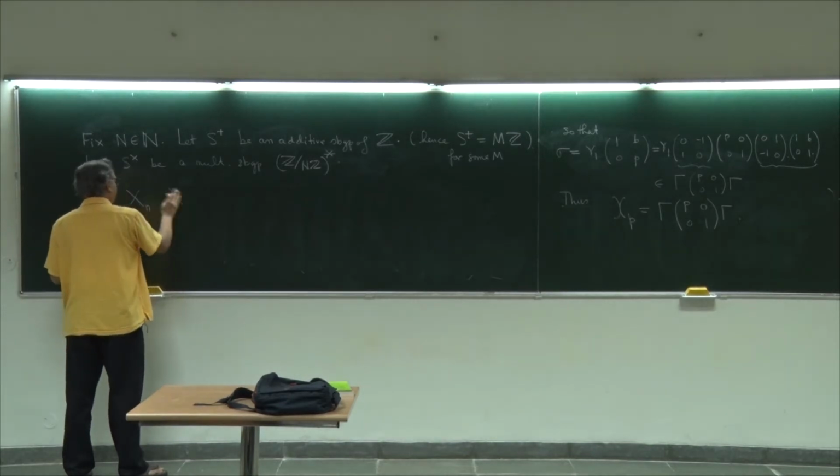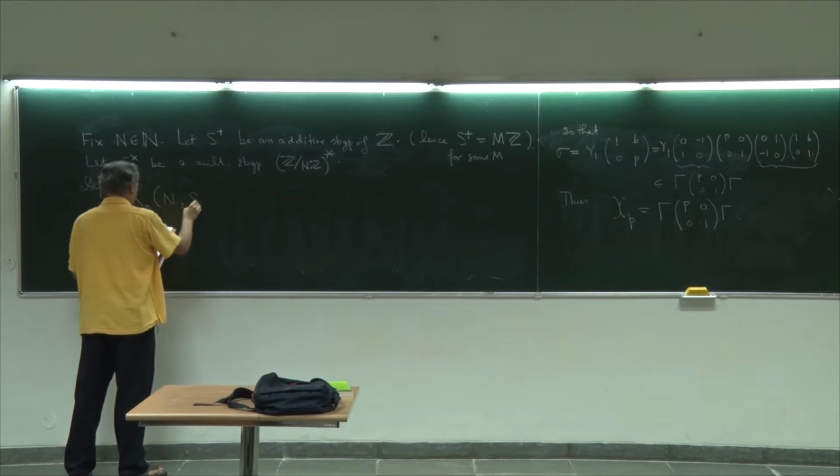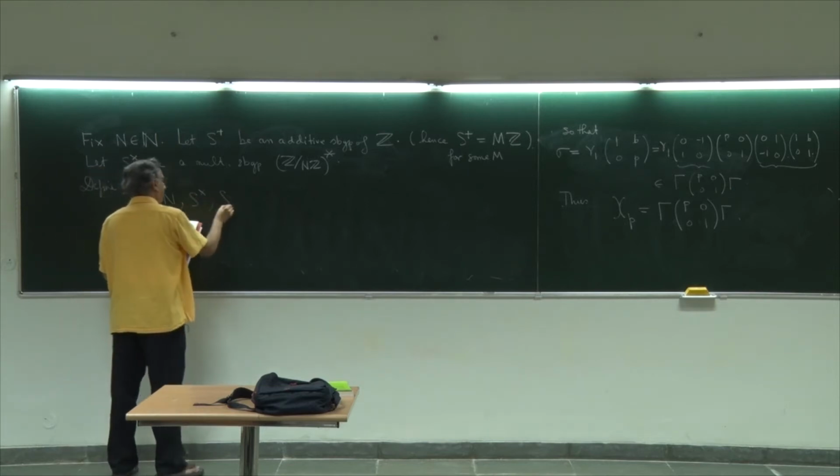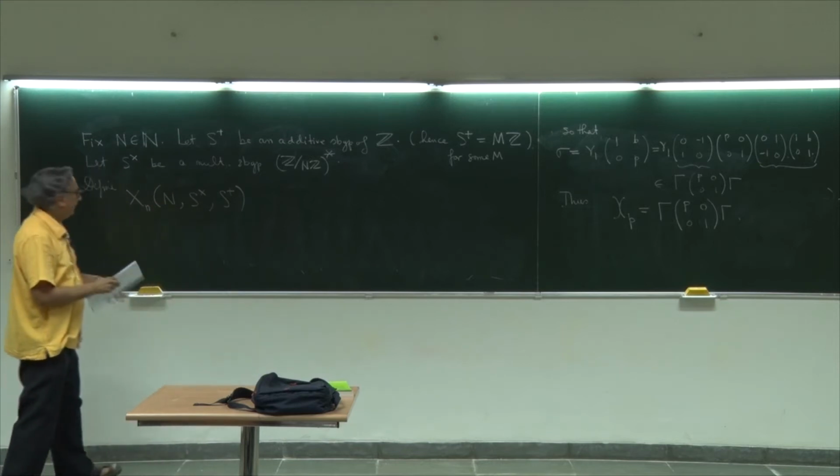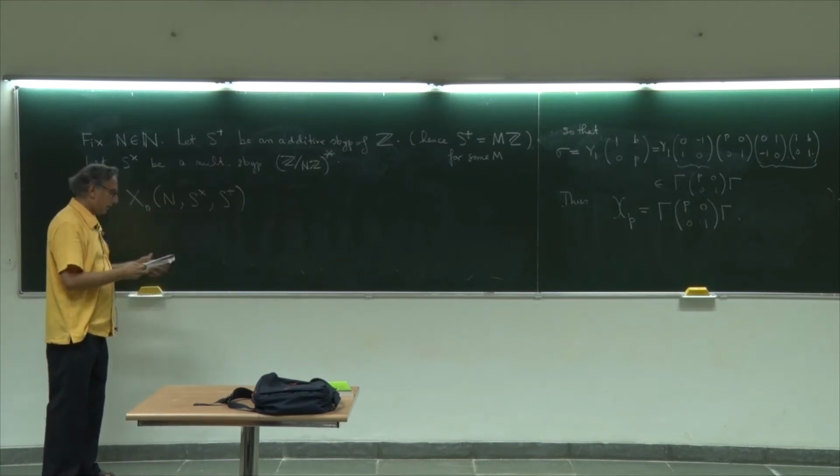So define this set X_N(n, S^×, S^+). It's three pieces of data: capital N, S^×, S^+.